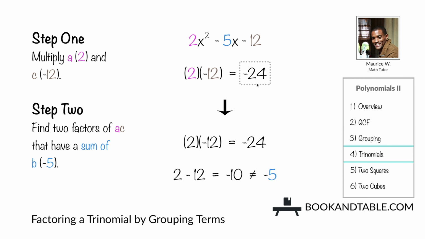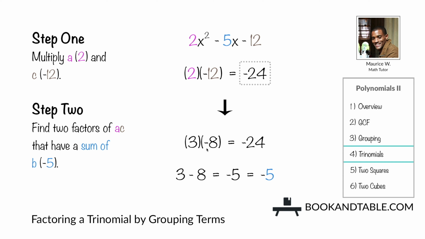So let's take a look at two other factors. 2 times -12 will give us -24, as we know. But when we find the sum of 2 and -12, that would be 2 minus 12, which is -10. And that does not equal -5. So 2 and -12 are not the factors that we are looking for.